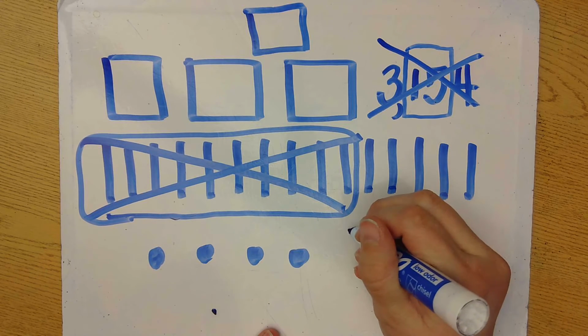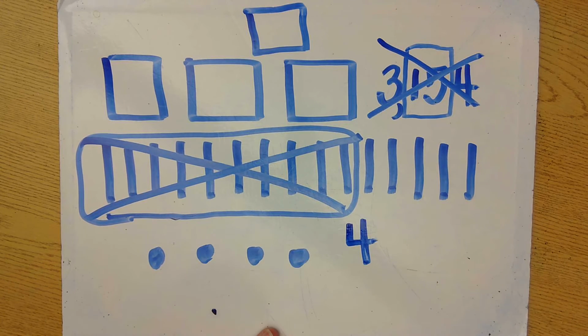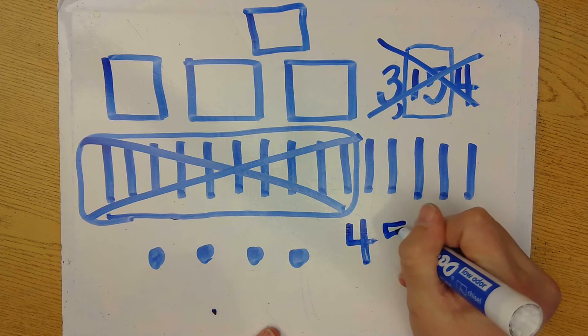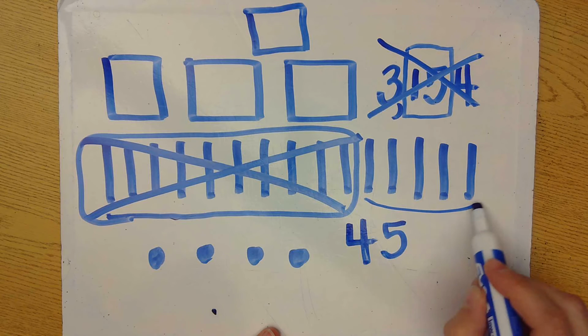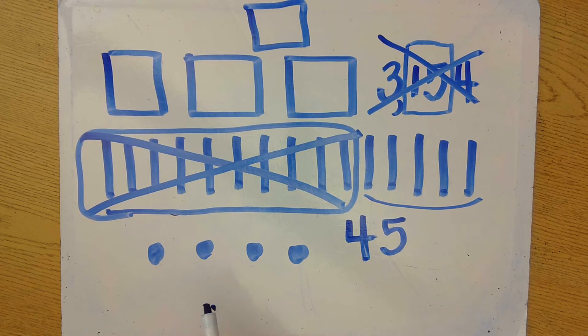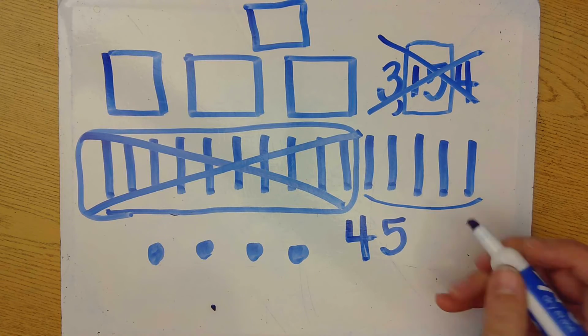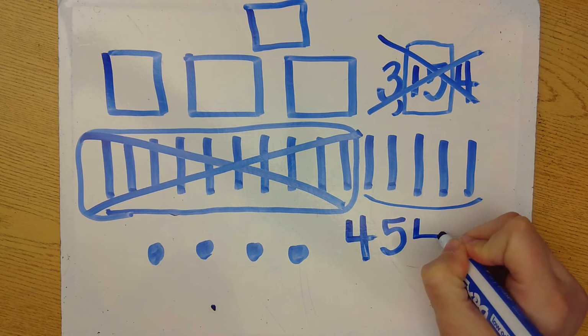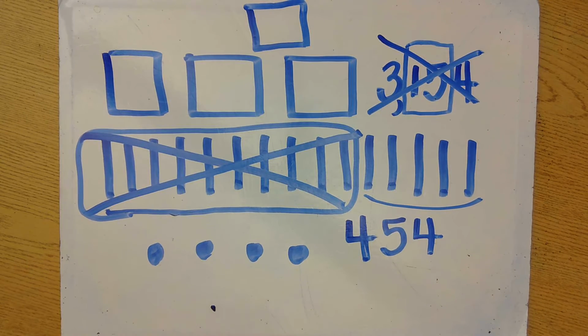I have 4 flats, so I'm putting 4 in the hundreds place. I have 5 longs left right here, so I put a 5 in the tens place, and I have 4 cubes, so I'm going to put a 4 in the ones place. So this number is 454.